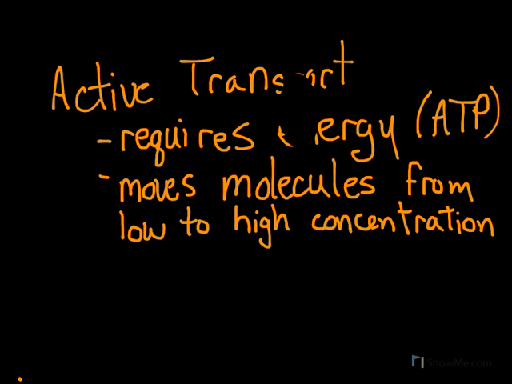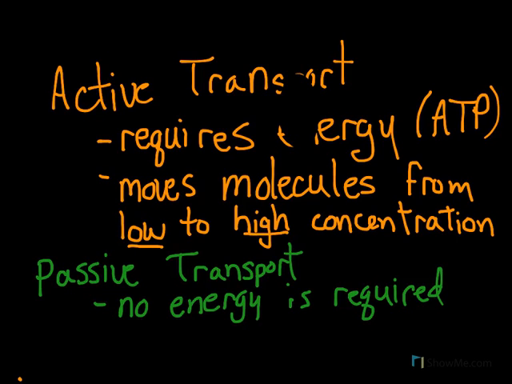So just to review, active transport requires energy, ATP, so the cell has to expend its own energy, and it moves molecules from low to high concentration, or like to say, against the concentration gradient. In passive transport, no energy is required, so the cell doesn't have to expend its own energy.